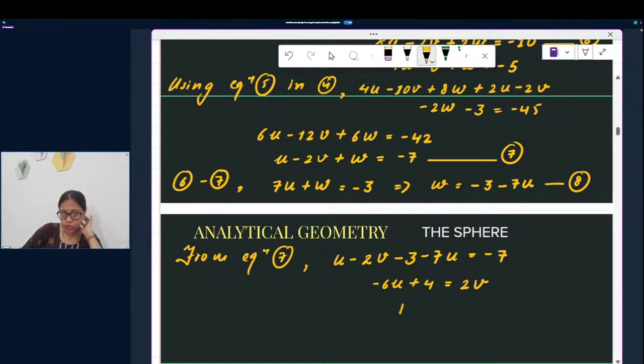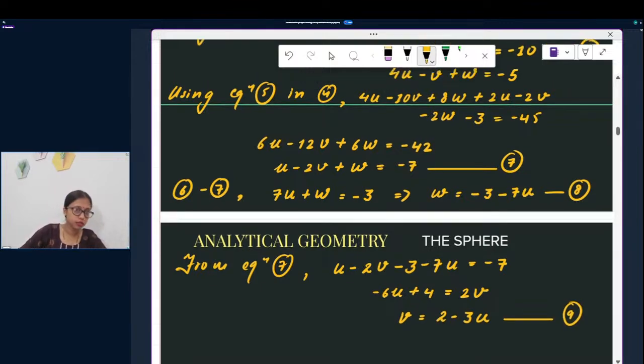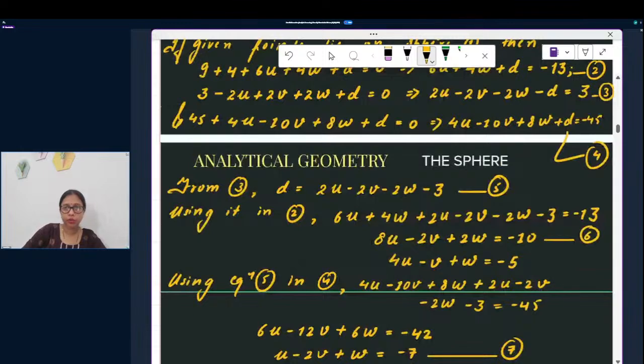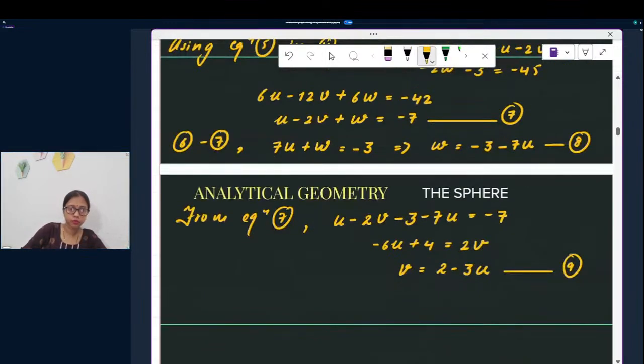So V is equal to 2 minus 3U. That is the V. What else? D. So D we can get from here, from equation 5. What is D?